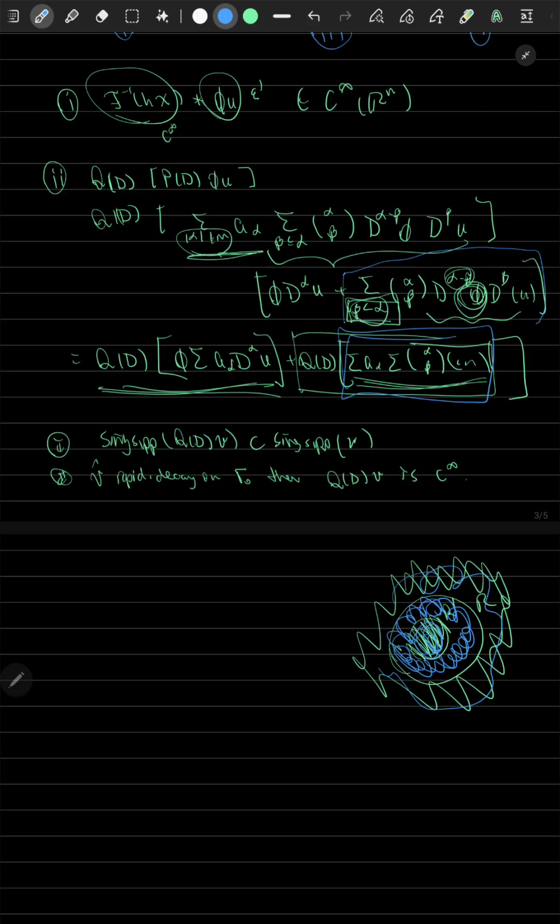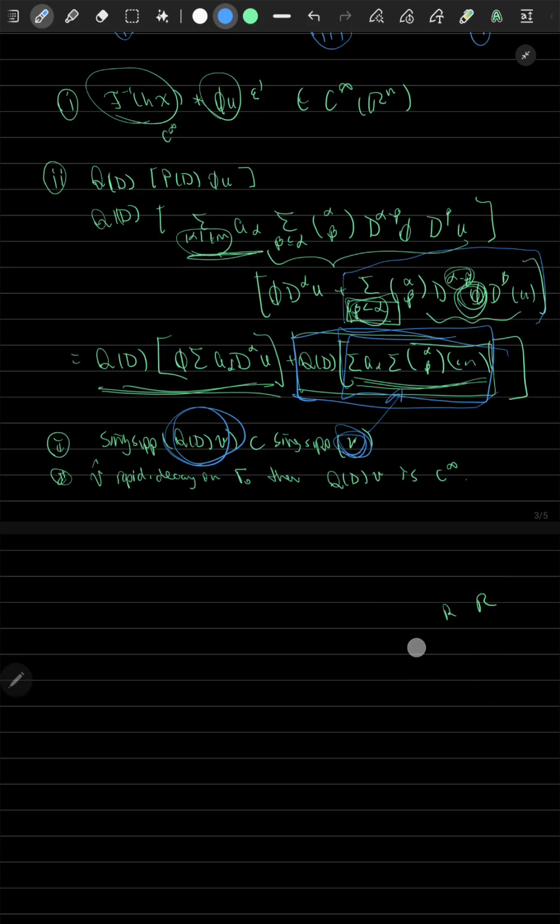And so if we consider that V is this term, then Q_D of V has a singular support also contained in this annulus here, meaning that it must be smooth in this little inner ring, which contains x0, so we're good, right? It's smooth in all directions around x0. So by this first fact, this term is smooth.